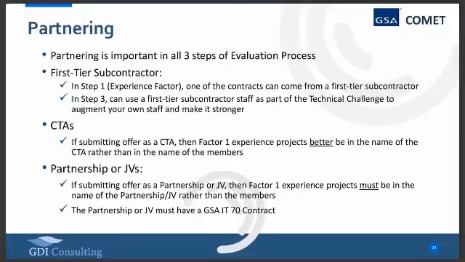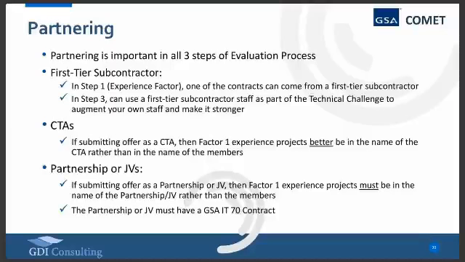For example, you might have 2 contracts or even one contract that covers 10 or 9 of those, but then you bring in a first-tier subcontractor who has that missing scenario, and that way you can cover all 11 scenarios. Remember that all of them must be covered, otherwise you will be disqualified right in step 1.